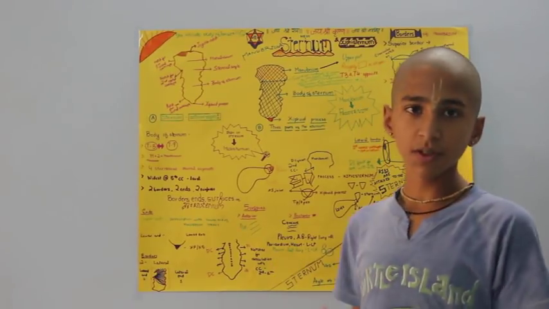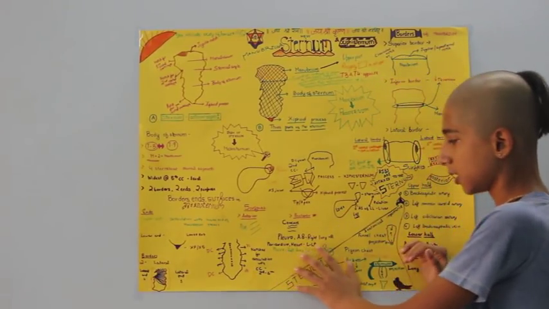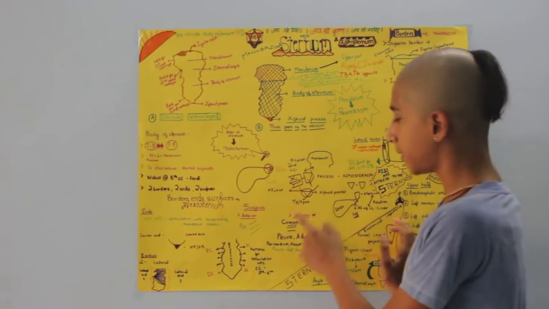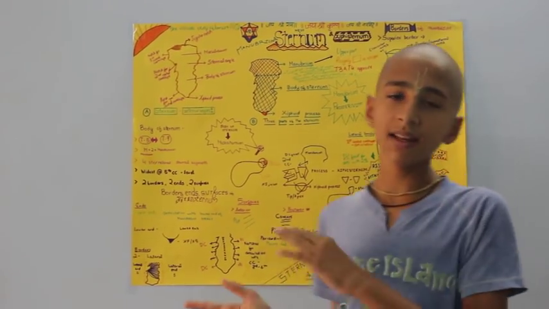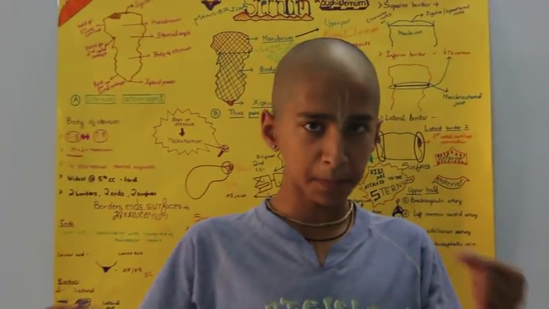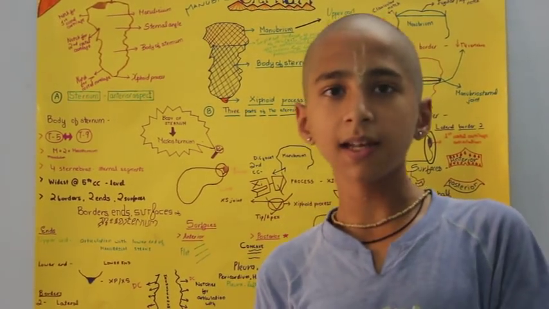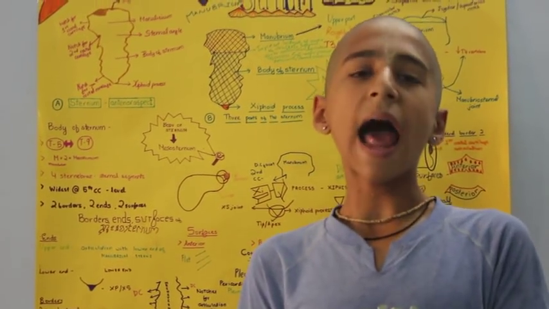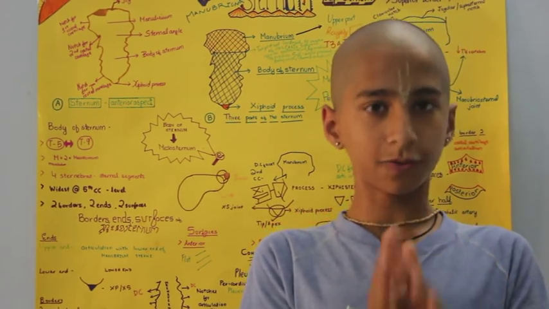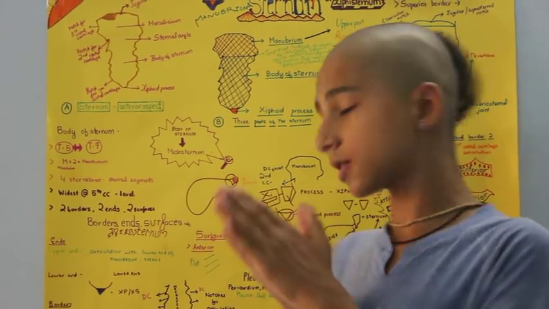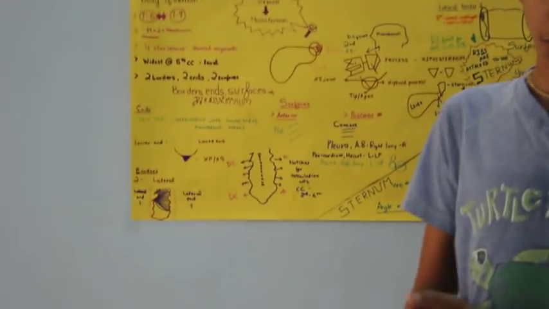The body of the sternum is called the mesosternum, and the right side of the mesosternum is related to the right pleura, the anterior border of the right lung. So pleura is the back of the lung, and the anterior border of the right lung is related to the right side of the mesosternum.